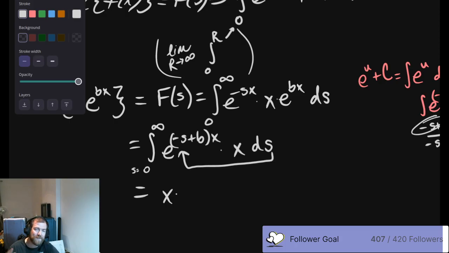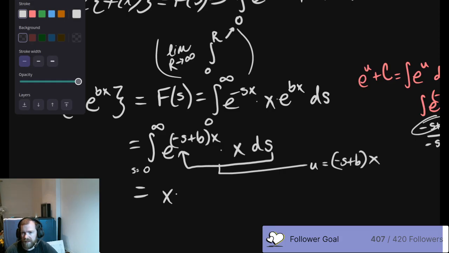Alright, so in this particular case, what we have is a negative xs in the exponent. And so we need to find out what the derivative of this bit is, right? So u is equal to negative s plus b times x.